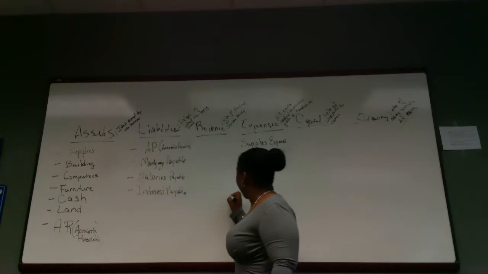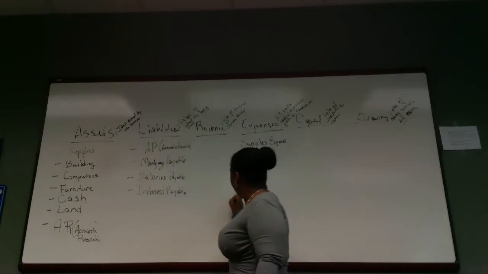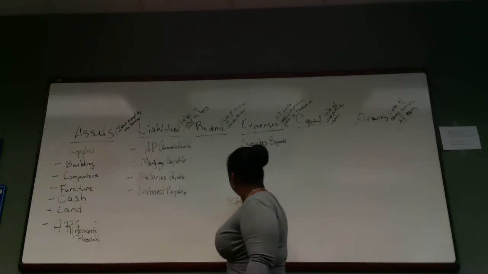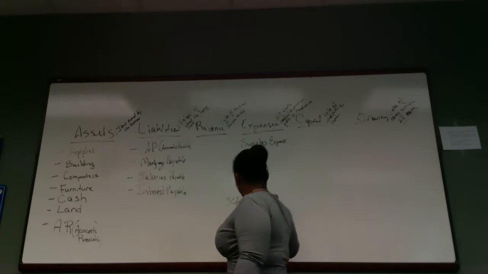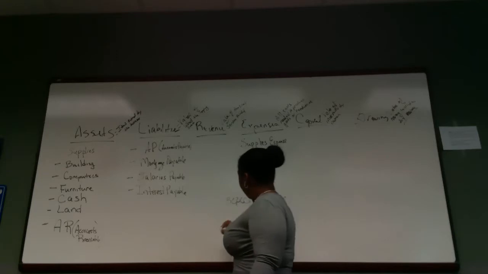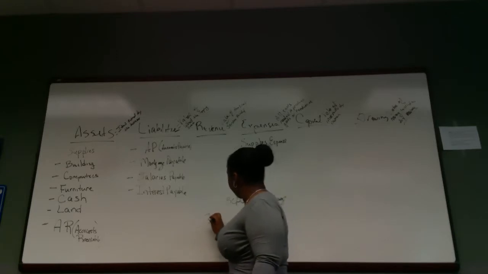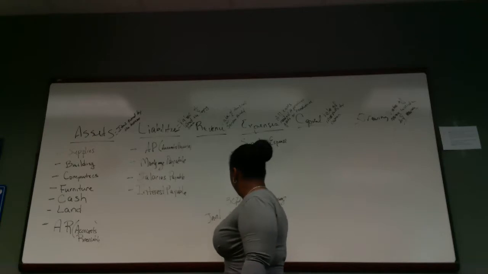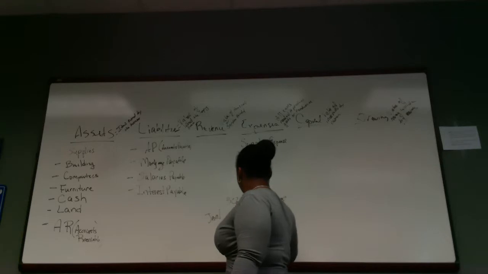So let's say we have a $30,000 mortgage. On January the 1st, we might have mortgage payable equal to $12,000 for the year.